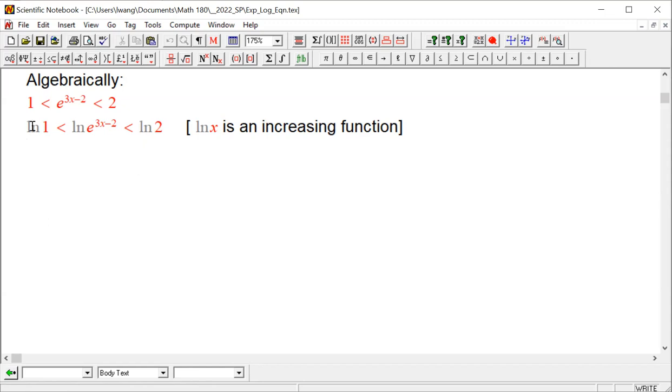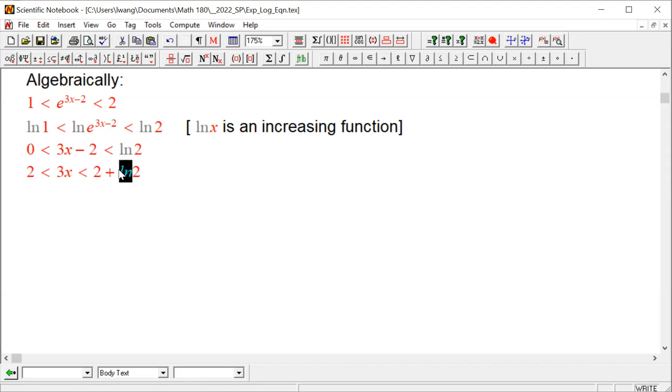So we take a logarithm on both sides, and ln 1 is equal to 0, less than 3x minus 2, less than ln 2. And going further, we add a 2 to every side. So we have 2 less than 3x, less than 2 plus ln 2.